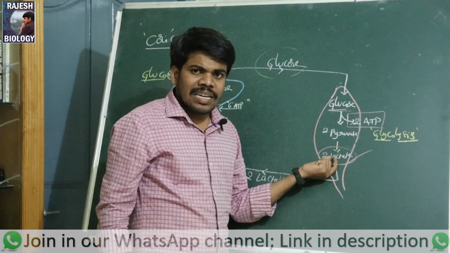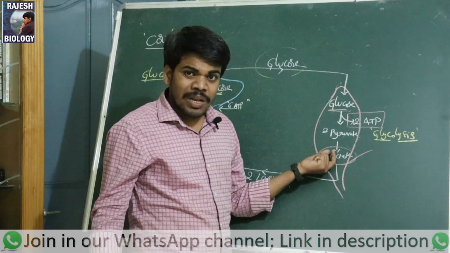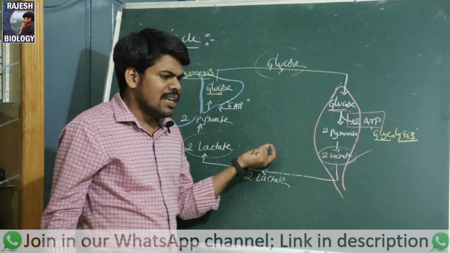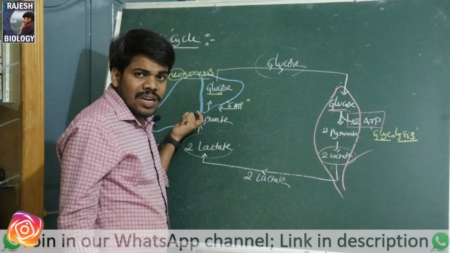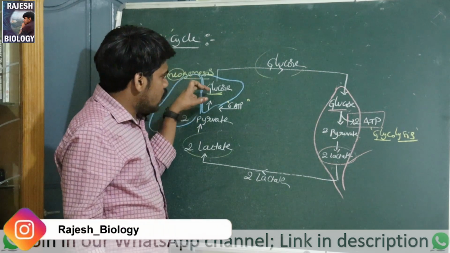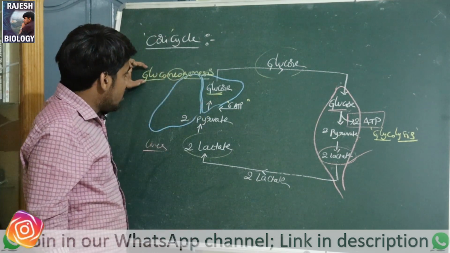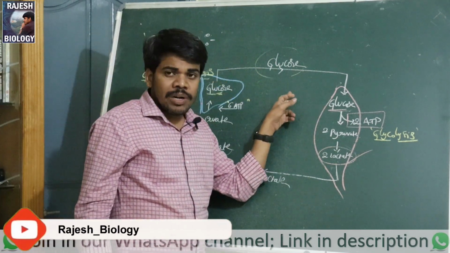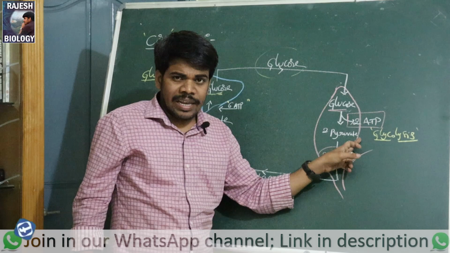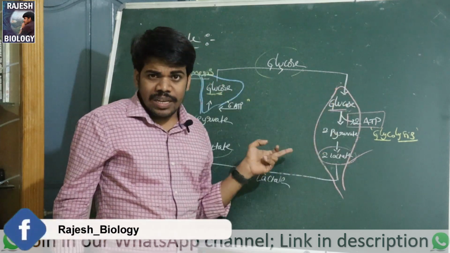This lactic acid results in muscle fatigue and muscle pain, and the lactate is released into the blood and carried to the liver. Within the liver, the lactate is converted into glucose by gluconeogenesis. This glucose enters the blood circulation and reaches the muscle again. This is the cycle.